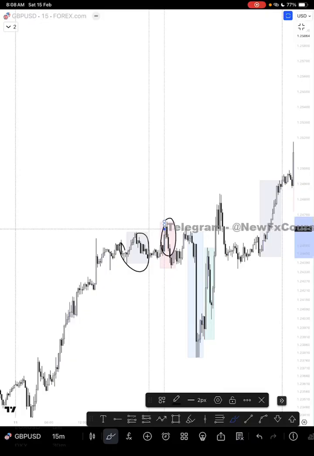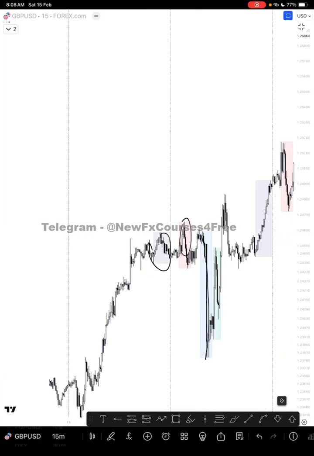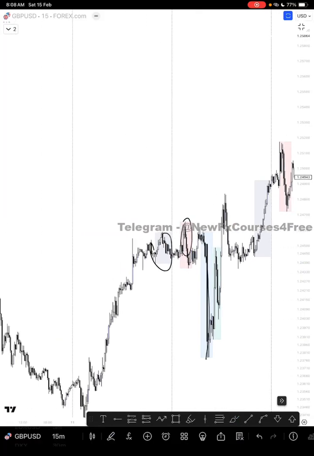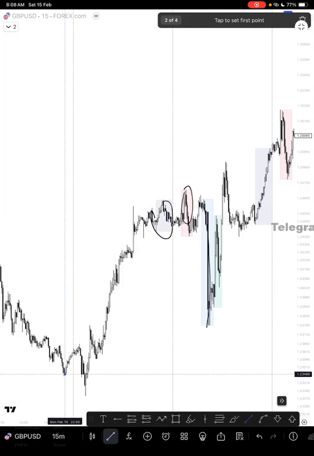manipulation above, New York expansion lower, and this expansion lower was actually a manipulation for higher prices because we are actually bullish. The order flow is actually bullish.